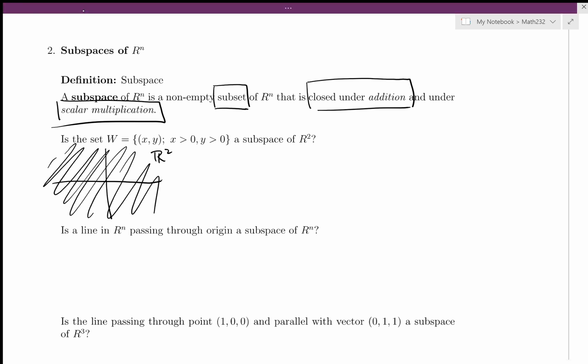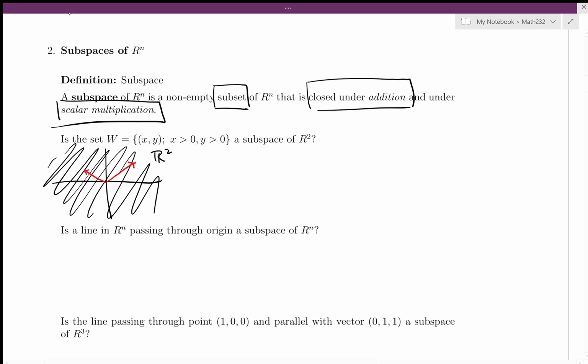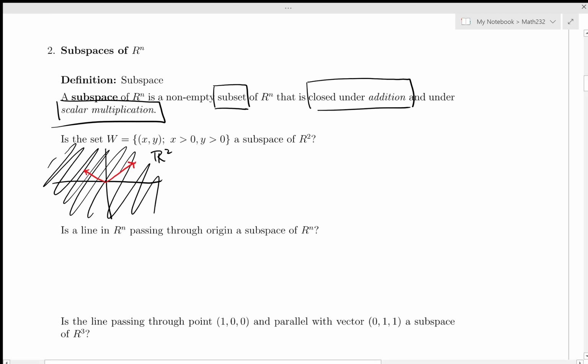We could be thinking of any of the vectors going like this, stopping at this point here, or stopping at this point here. That's all of R2. And then we have W. It's not including the axes. So W is here: all of the vectors where x and y are both greater than 0.